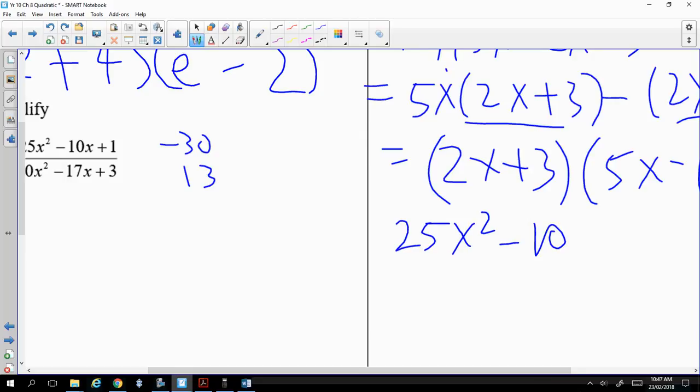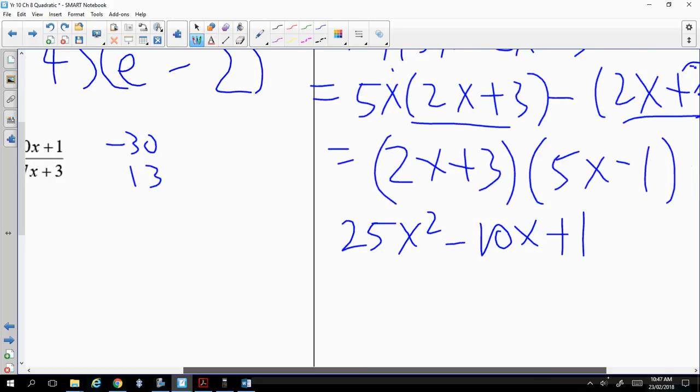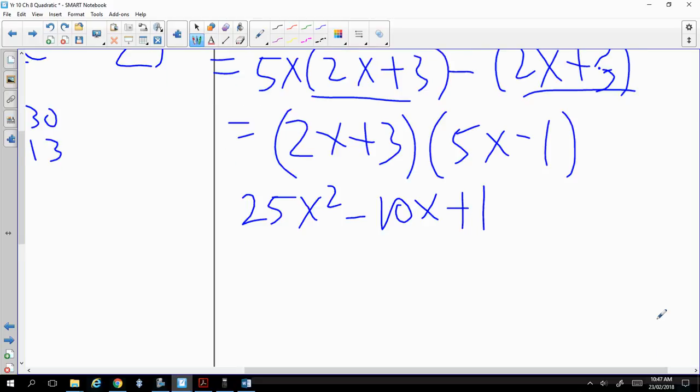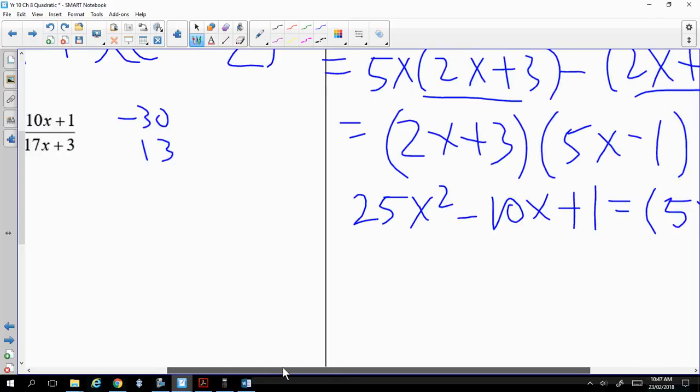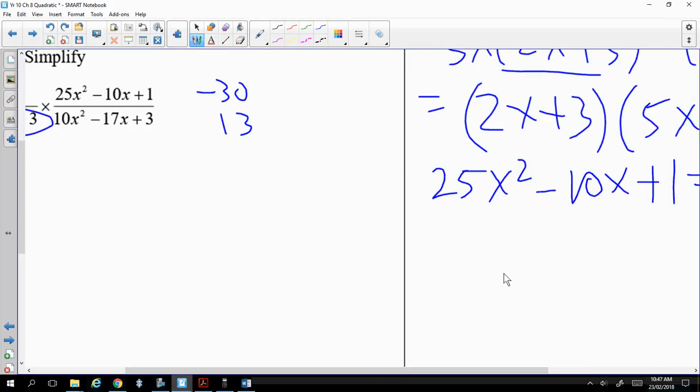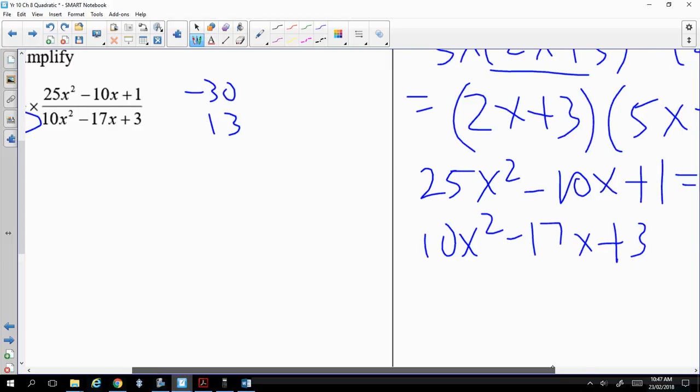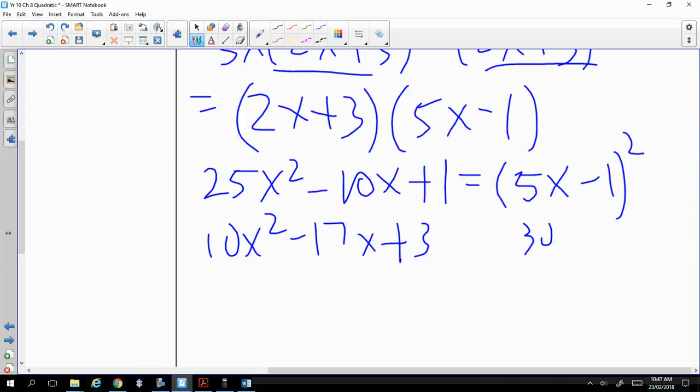Yeah, so this one. By inspection, I see this is a perfect square. So 5x minus 1 squared. Or if you did it differently, that's okay. I saw that that's a perfect square. And then the last one, 10x squared minus 17x plus 3. So times to get 30, add to get negative 17. That will be negative 2 and negative 15.